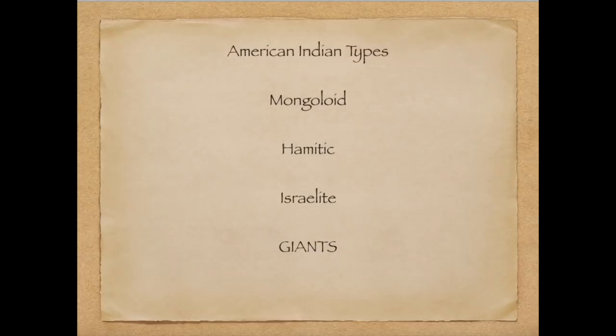And then the third type of Indians we reviewed were the Israel type Indians. And these Indians were dark skinned, had woolly hair, wore clothes that resembled the Israelites, and practiced Israel-like customs. All right, so those are the three types of Indians that we've reviewed so far.